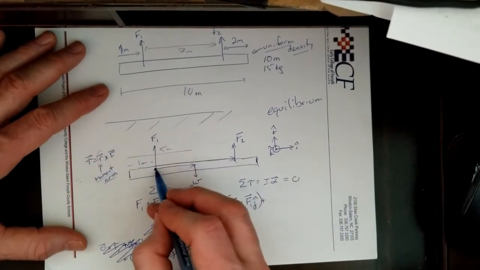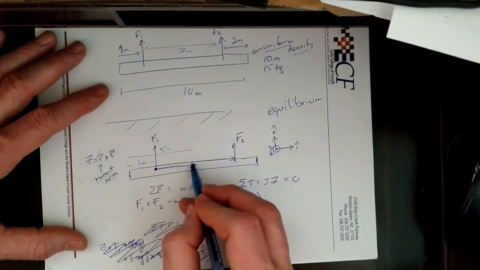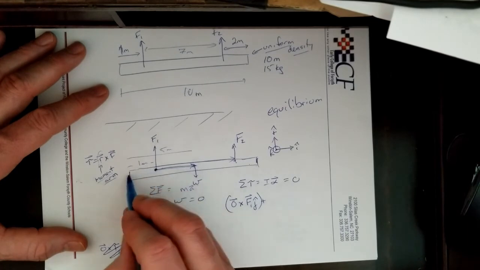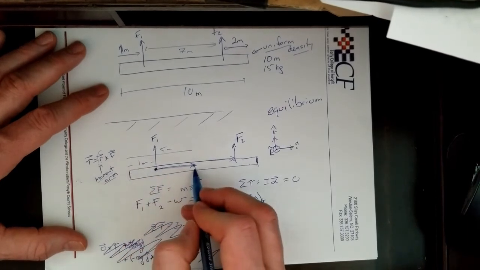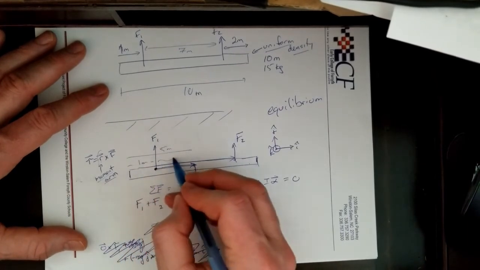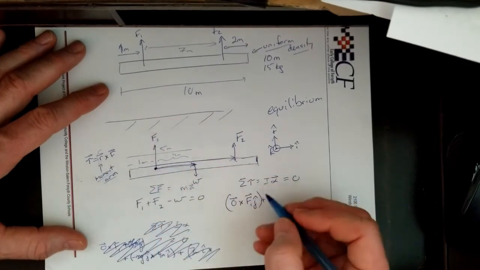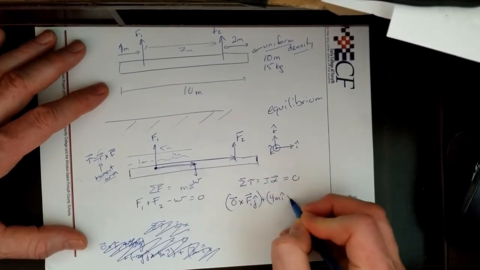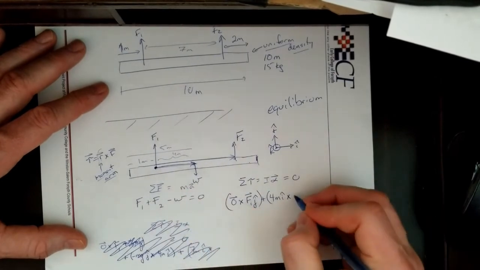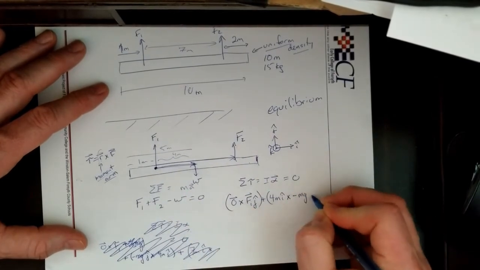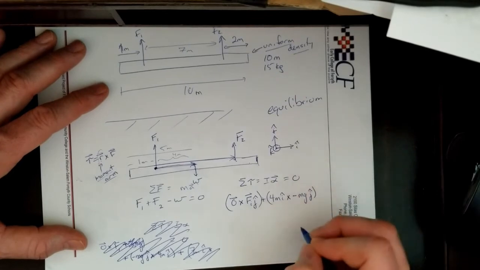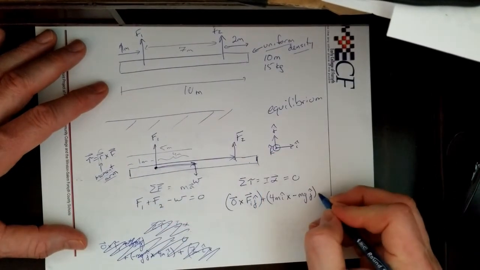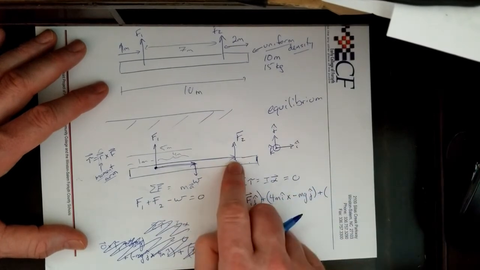Well, since force 1 is 1 meter from the end and the center is 5 meters from the end, this distance here is 4 meters. So this would be 4 meters I hat cross my force, which is negative mg j hat, negative j hat because it's going down and I said up was positive, plus the torque from this vector right here.